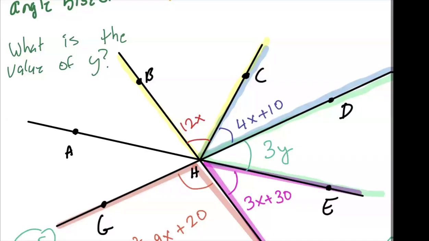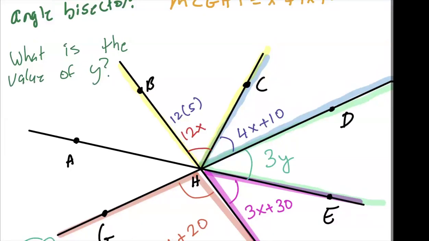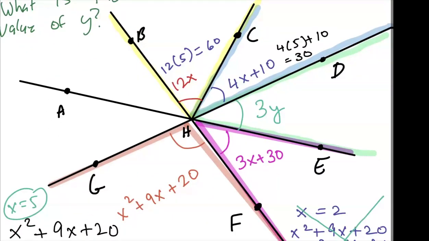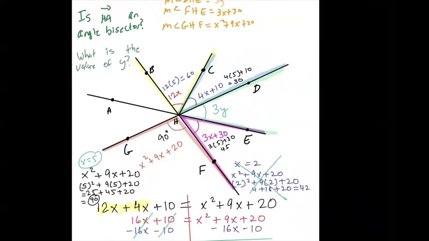Let's quickly plug in the value of x here. 12 times 5 is 60. 4 times 5 plus 10 is 20 plus 10, 30. 15 plus 30, 45. And this you already told me is 90.